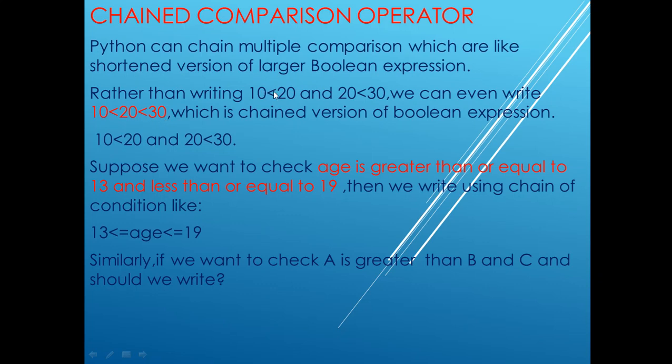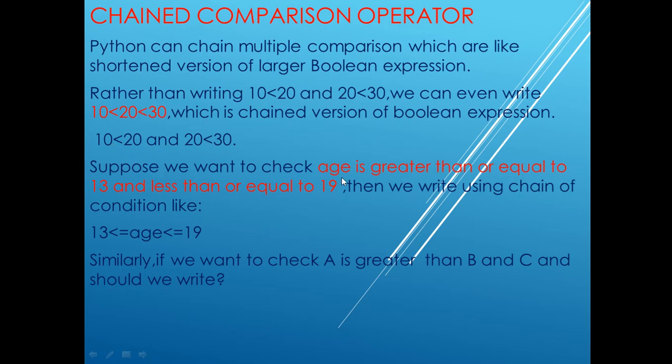We are shortening the large Boolean expression into a smaller version by chaining. So 10 less than 20 less than 30 is the chained version of 10 less than 20 and 20 less than 30. Clear?